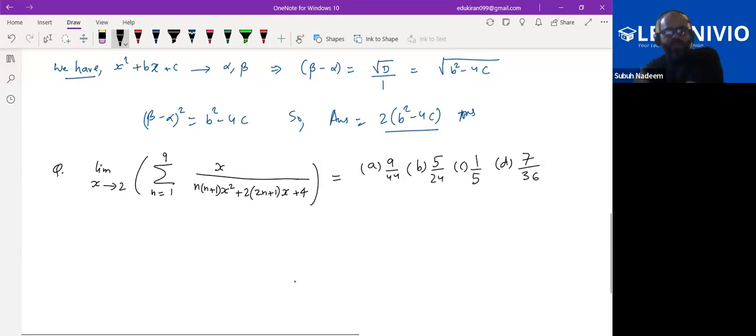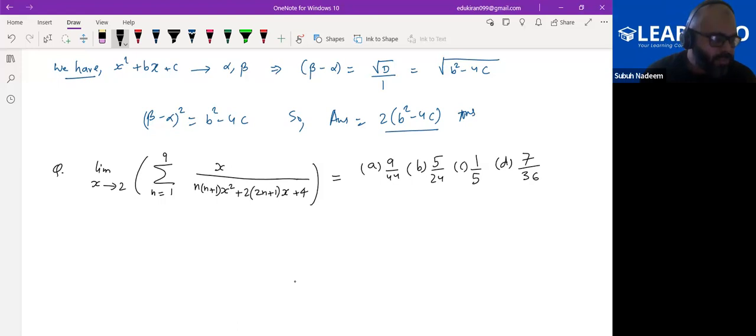So here a little bit of the concept of sequence and series will also be used. The concept of limit is very simple here.